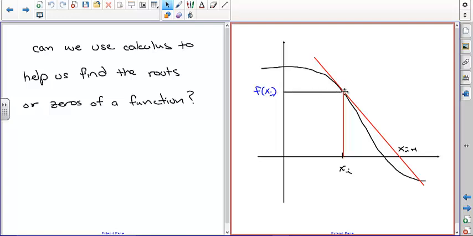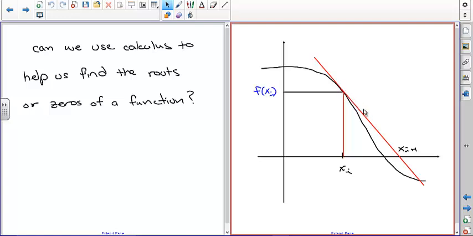But what I can do is take the derivative of this function, because it's an equation, and I can find the value of the slope of the tangent line at this point. So I have this point, and I have this slope, so I should be able to define this line.